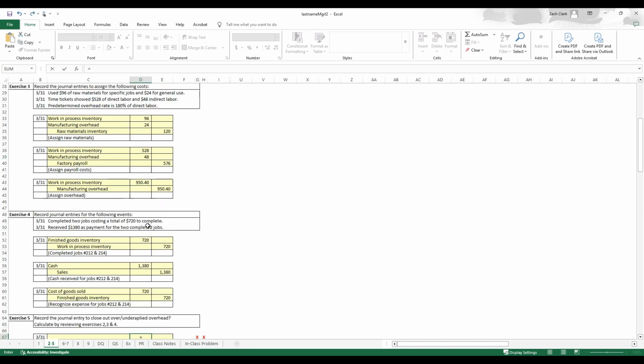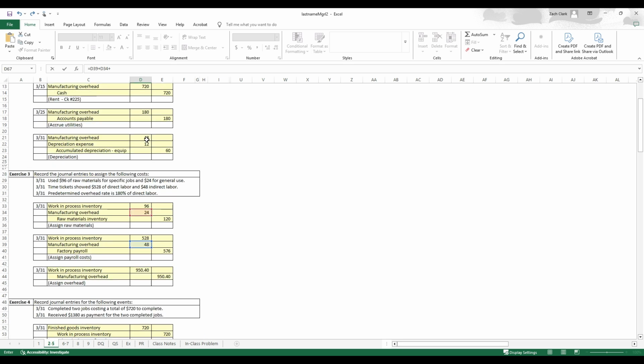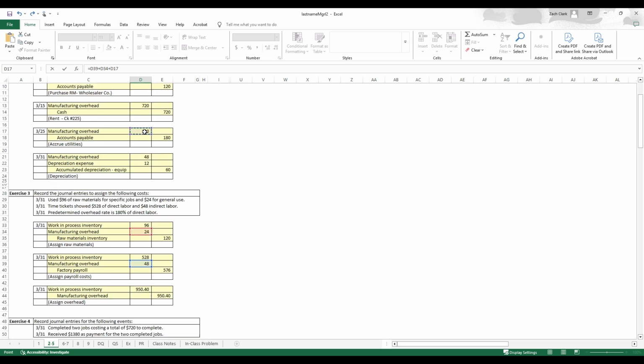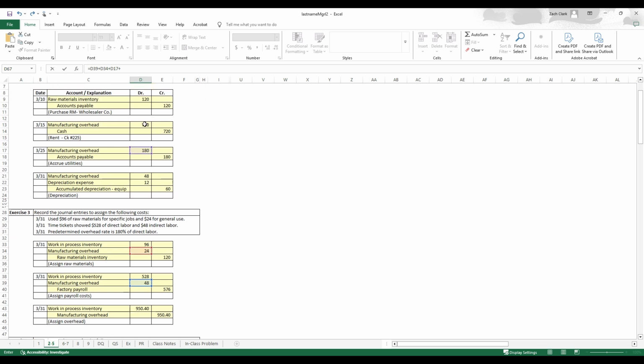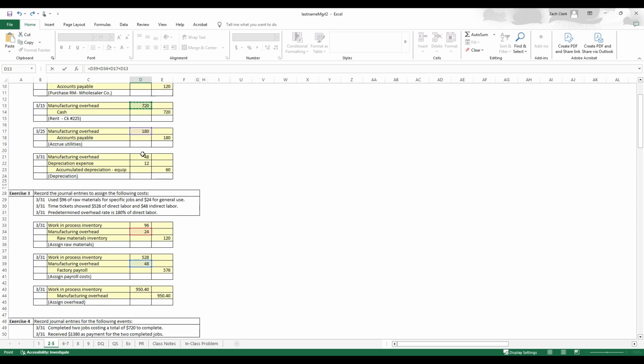So our total debits to manufacturing overhead were, we have a 48, we have a 24, we have a 180 and a 720, and so I think that was everything. Oh, and we also had the depreciation.